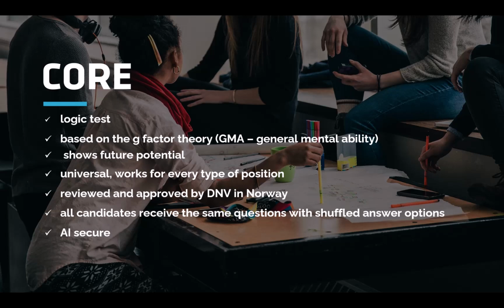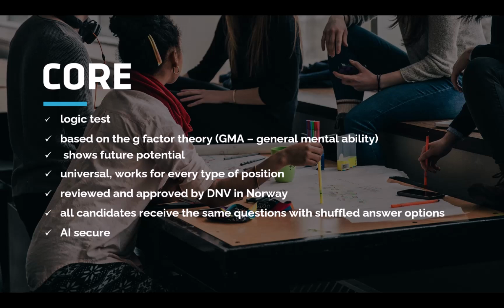That's why we can confidently say that we measure future potential. Logical tests are actually the only method that reliably provides insights about the future. Other recruitment methods only look at what we've done in the past, like a resume or an interview, or what we're doing today, like in a case study.